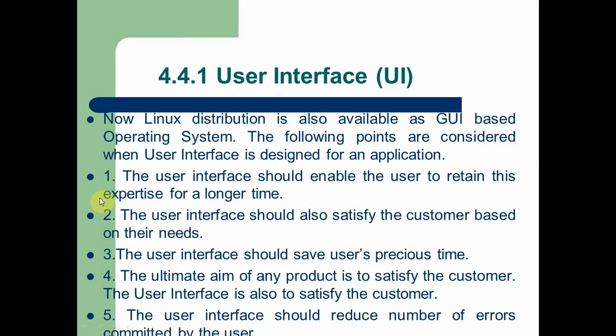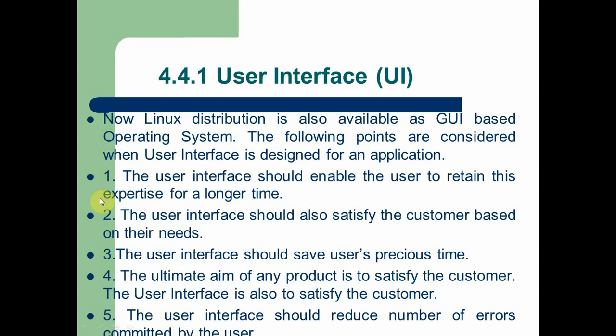It means the user interface must be in a manner where the user can use the operating system for a long time. Number two, the user interface should also satisfy the customer based on their needs. Here, customer refers to user. So, the user interface should fulfill all the needs of the user.